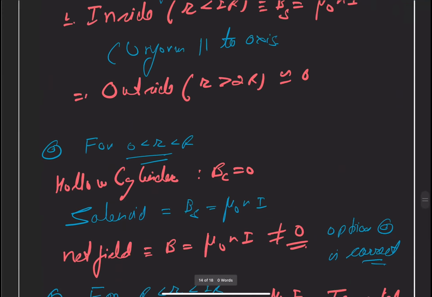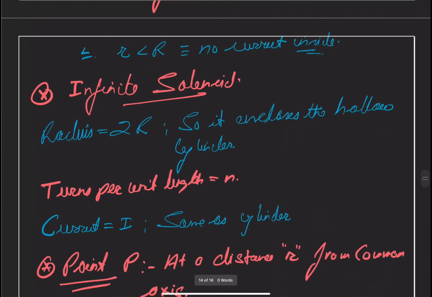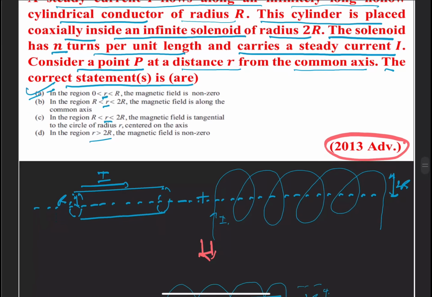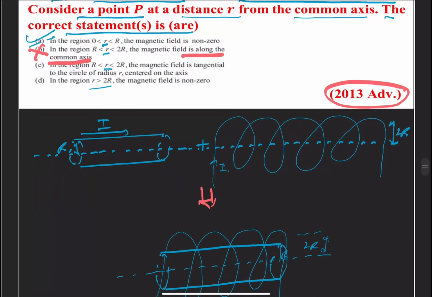So therefore, if you see the options, it says that it is along the common axis. So it won't be along the common axis, so option number B is incorrect. And it also says the magnetic field is tangential and centered around the axis.